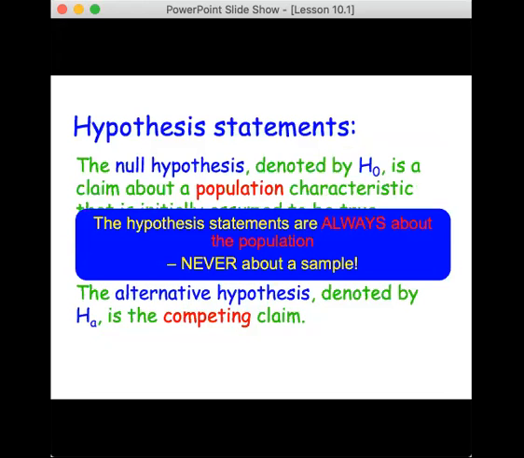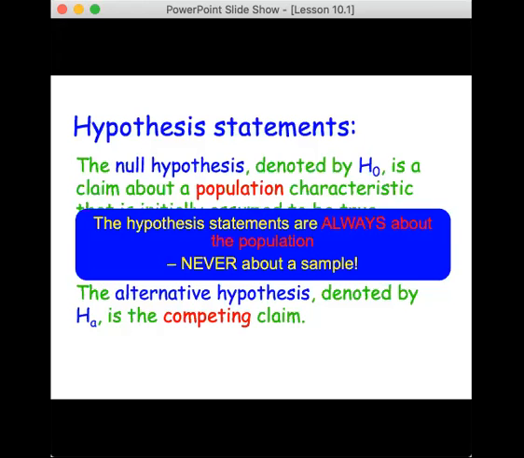Okay, so I have a question for you guys. I have a statement that says the hypotheses are always about the population. Notice when we talk about the null hypothesis and alternative hypothesis, it should always be about the population. It's never about the sample. So my question to you guys, and I want you to put something in the chat, is why?